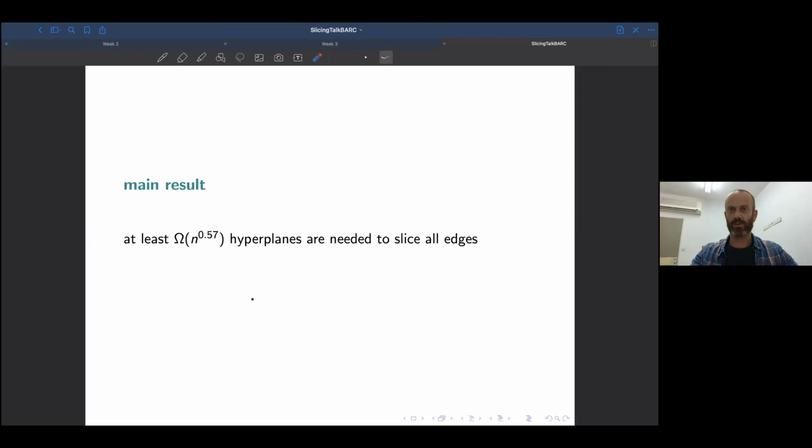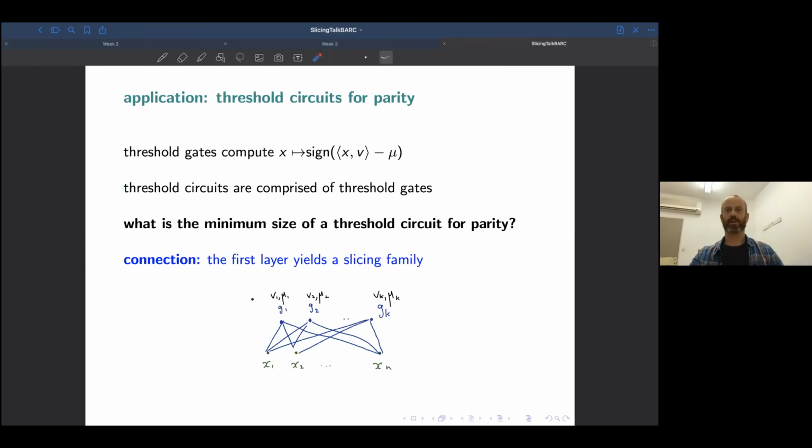But before we do this, I want to explain 2 applications. One application is in computational complexity, for threshold circuits.